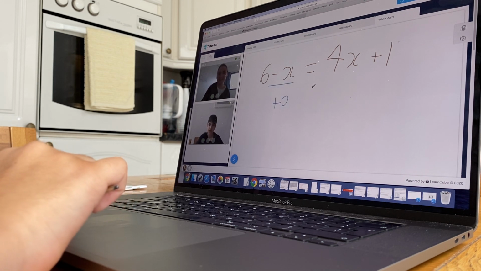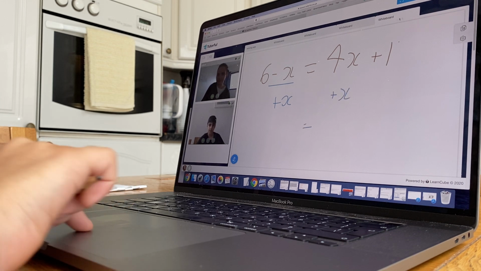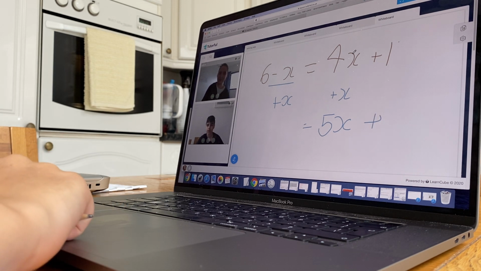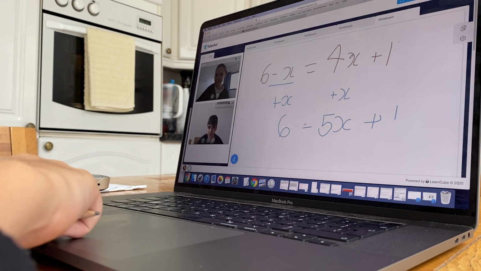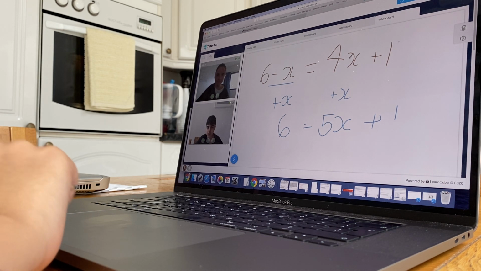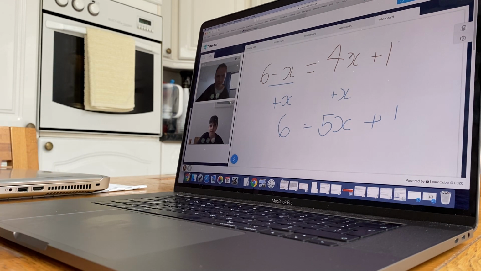So it's going to be 5x, and then we're going to add x plus 1. So we have +1 and 6 left. So now, all the x's, we've just moved this minus x over to this side here. Okay, so we have 6 equal to 5x plus 1.